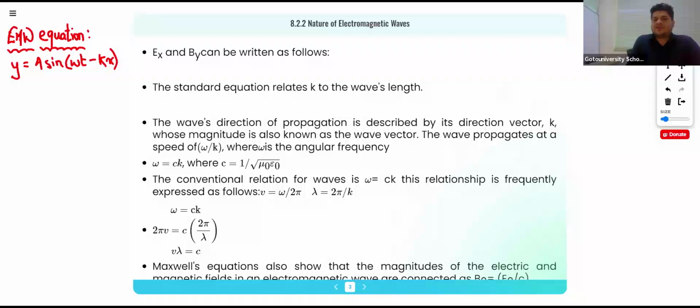Anything which is performing oscillation will follow this equation. Here, even our electric field is performing oscillatory motion. So here you will write E is equal to E naught into sine of omega t minus kx.